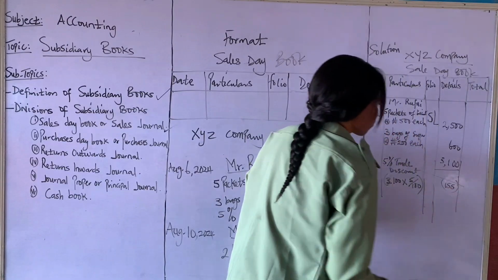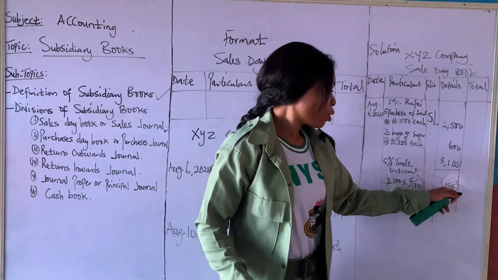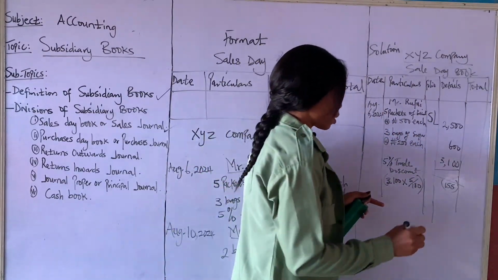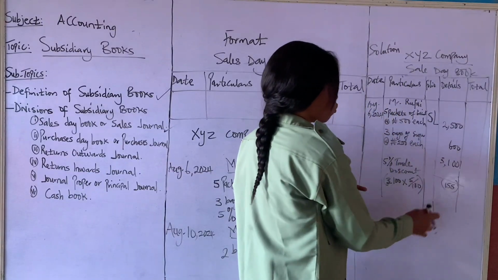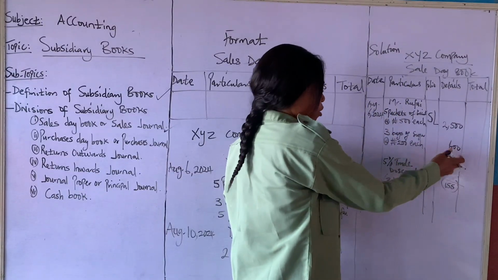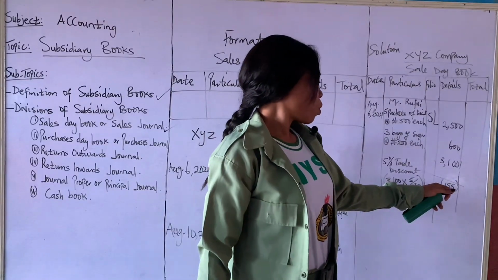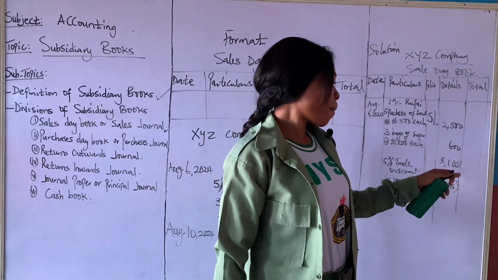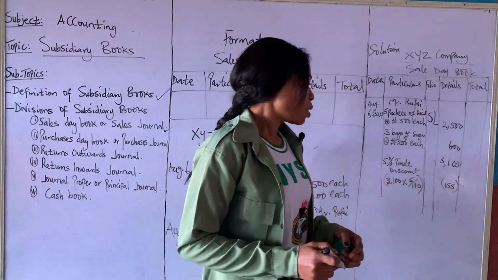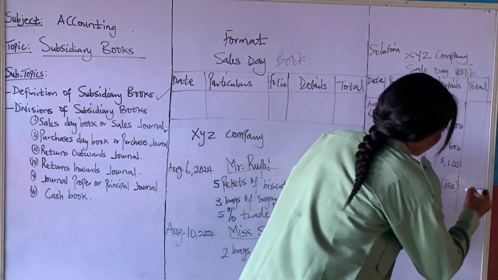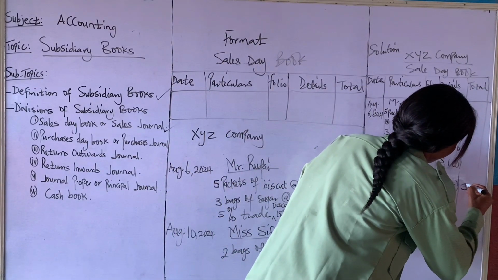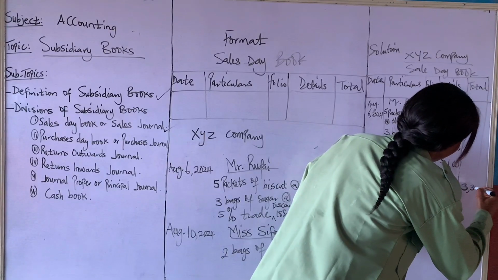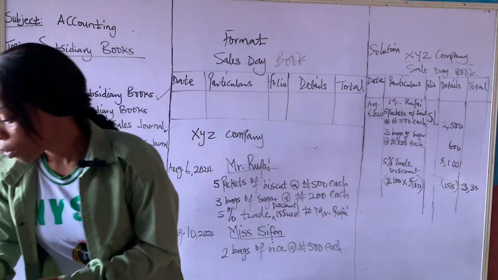This is the discount that was granted him. 155 naira was the discount given to Mr. Rufai for purchasing this item. So you deduct it from the list price of that product. If you say 3,100 minus 155 naira, you are left with 2,945. So you post the amount here.